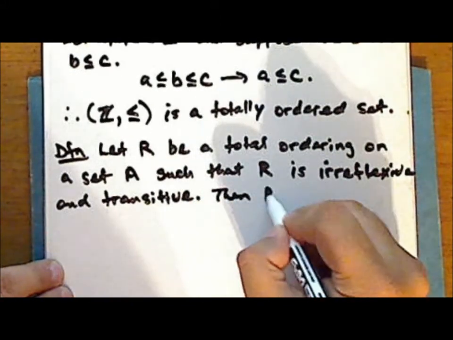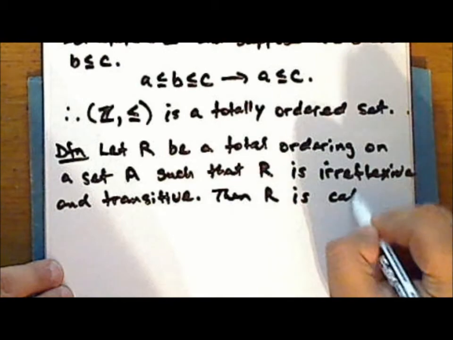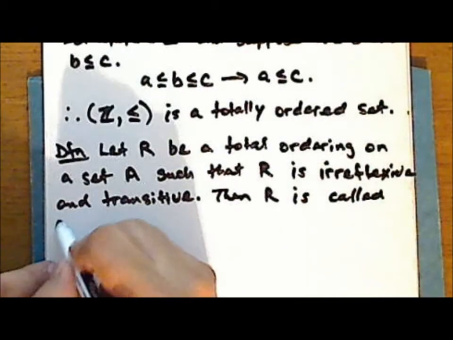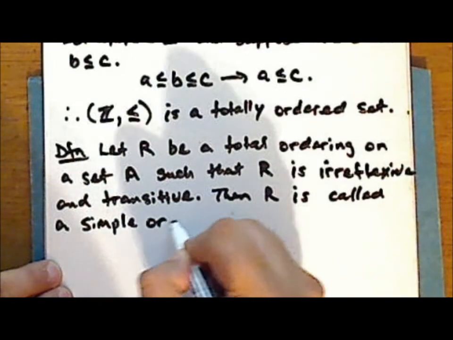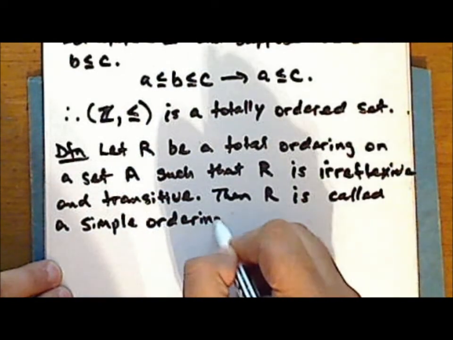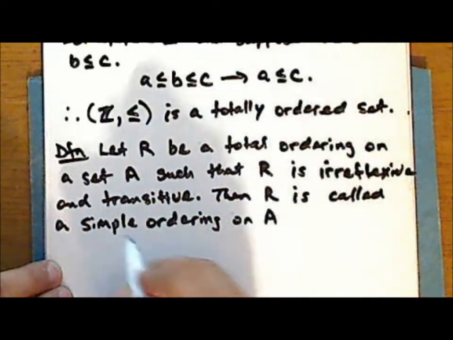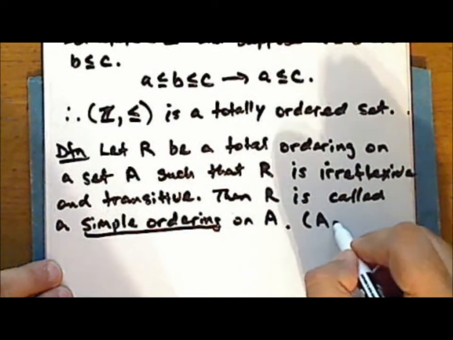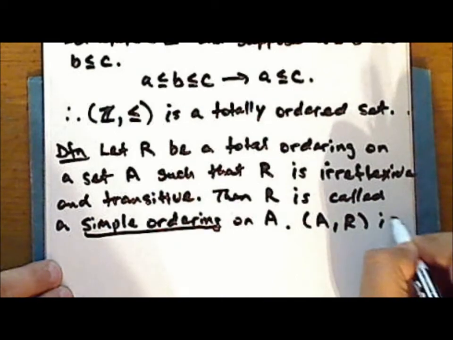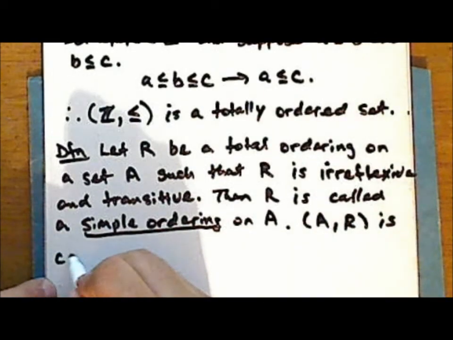Then the relation R is called a simple ordering on the set A. And the set, together with this relation, is called a simply ordered set.